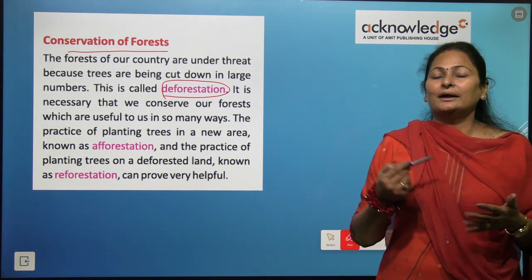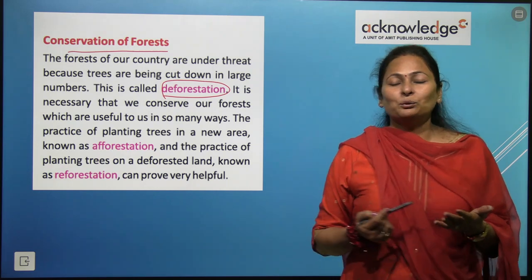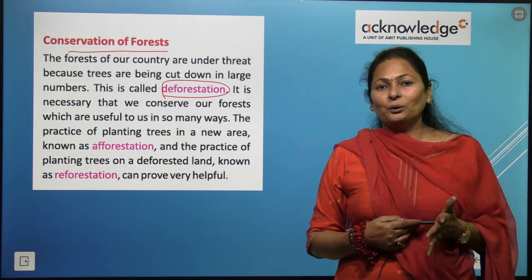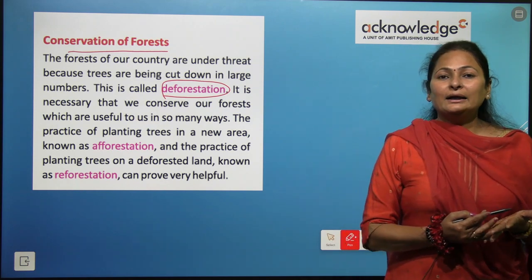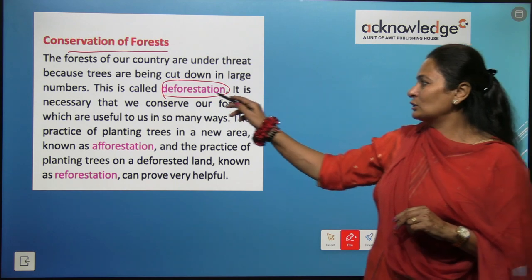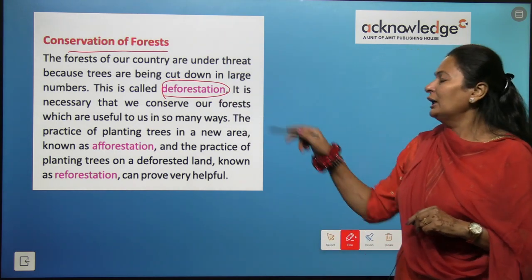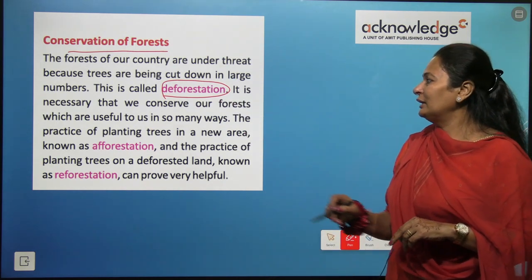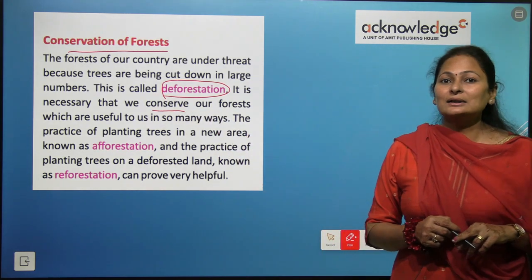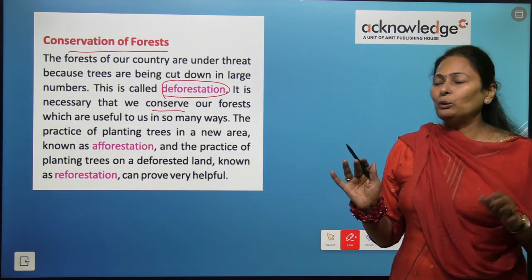Like we are making industries, factories, new colonies are being established, right? We are making roads to fulfill our needs. We are cutting down the trees. So this is called deforestation. It is necessary that we conserve our forests, which are useful for us in many ways.